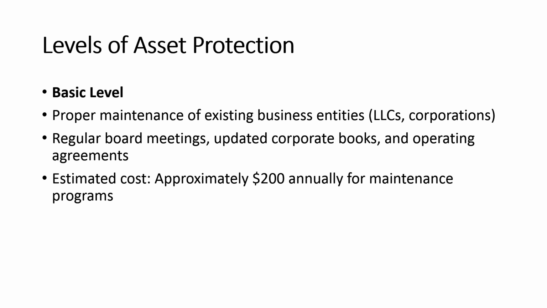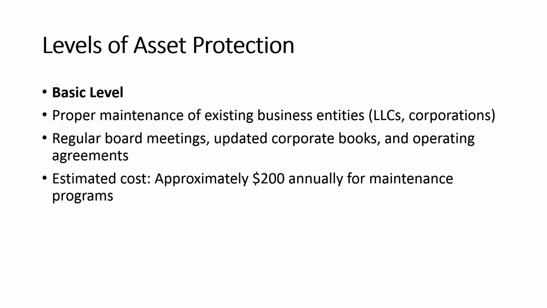There are various levels of asset protection. The basic level involves proper maintenance of existing business entities, LLCs or corporations. Many people think that you can put an LLC or a corporation document together and just draft it and file it, and that's the end of it. Nothing further needs to be done according to their way of thinking.